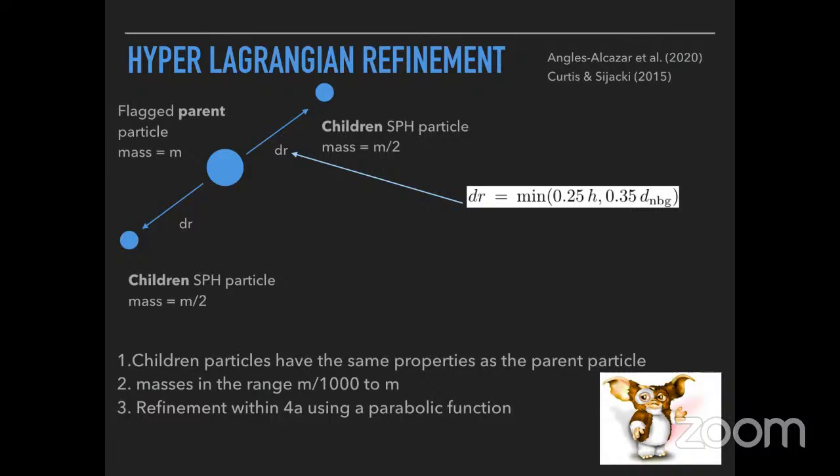They are placed in a random direction around the particle, according to a criterion that can be adjusted in the code. And we use this refinement within 4a, a little bit outside of the cavity, just to make sure that we didn't influence the dynamics inside the cavity too much with this splitting.